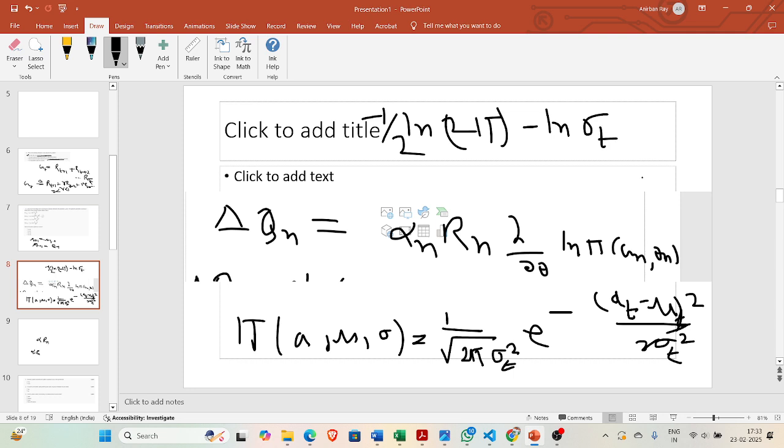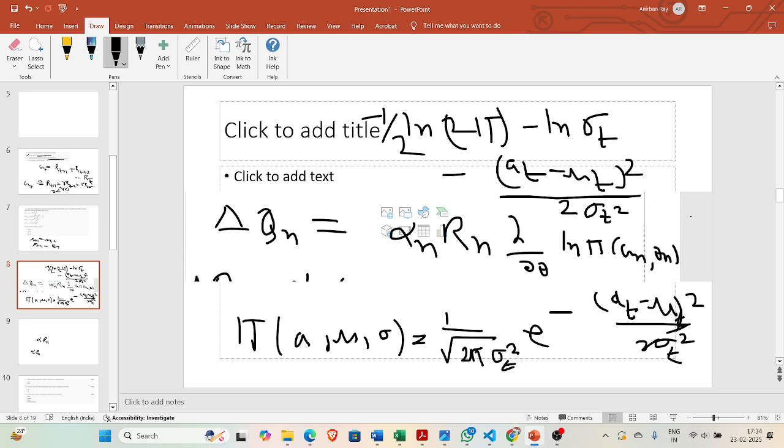This is the good part actually. This becomes a t minus mu t square by 2 sigma t square.